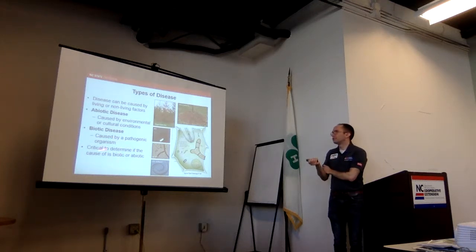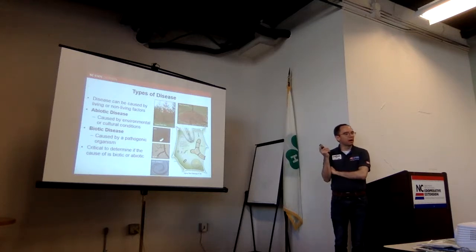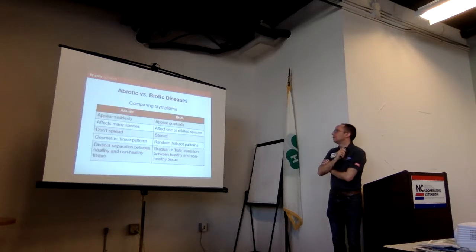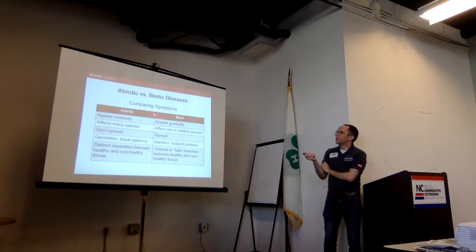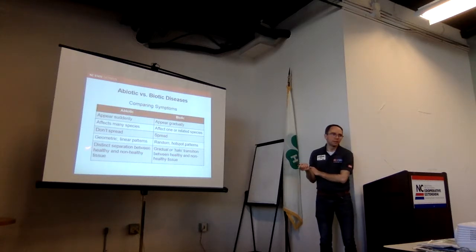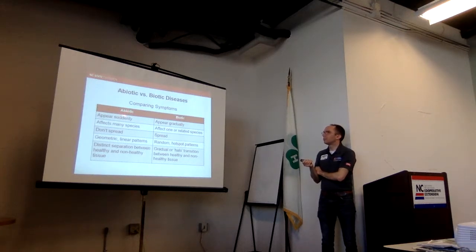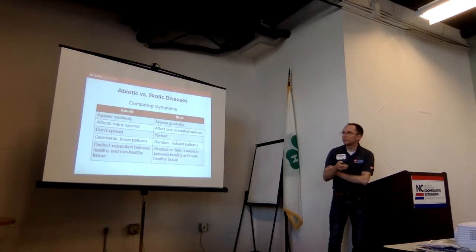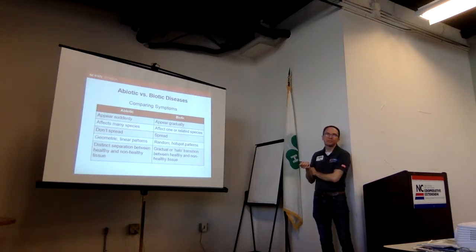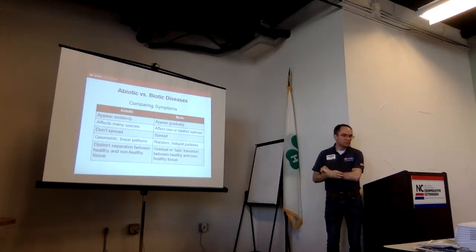One of the first steps you should ask yourself is to try to figure out, is this caused by a biotic issue or an abiotic issue, a non-pathogenic issue? The symptoms tend to sort differently. An abiotic problem can appear suddenly. It will often affect many different species simultaneously.